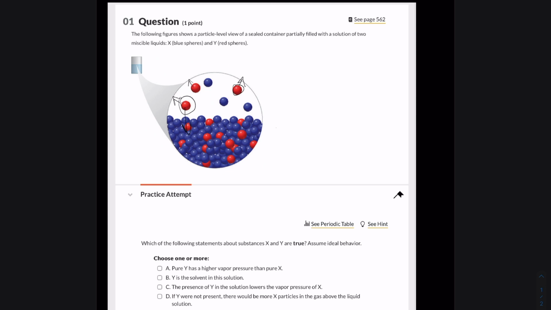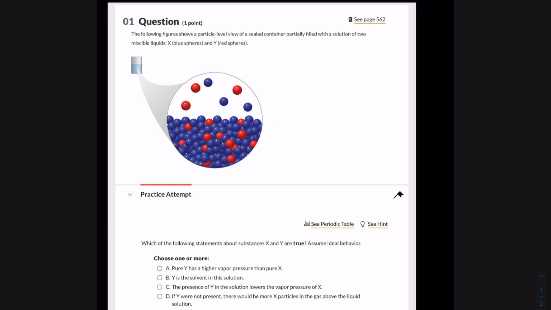And particles in the liquid phase are also constantly escaping into the gas phase. Vapor pressure is when those two processes have reached an equilibrium, meaning that liquid is escaping into the gas phase at the same rate that gas particles are condensing back into the liquid phase.